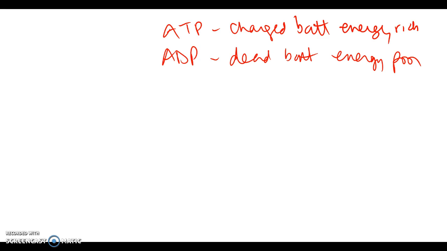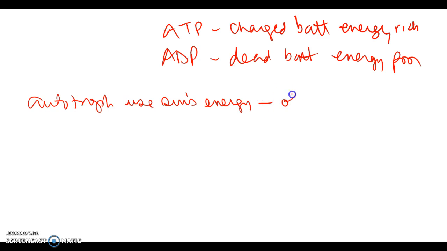What is the difference in the way autotrophs and heterotrophs obtain energy? So autotrophs use the sun's energy, right? So basically it obtains its energy from the sun using photosynthesis, right?